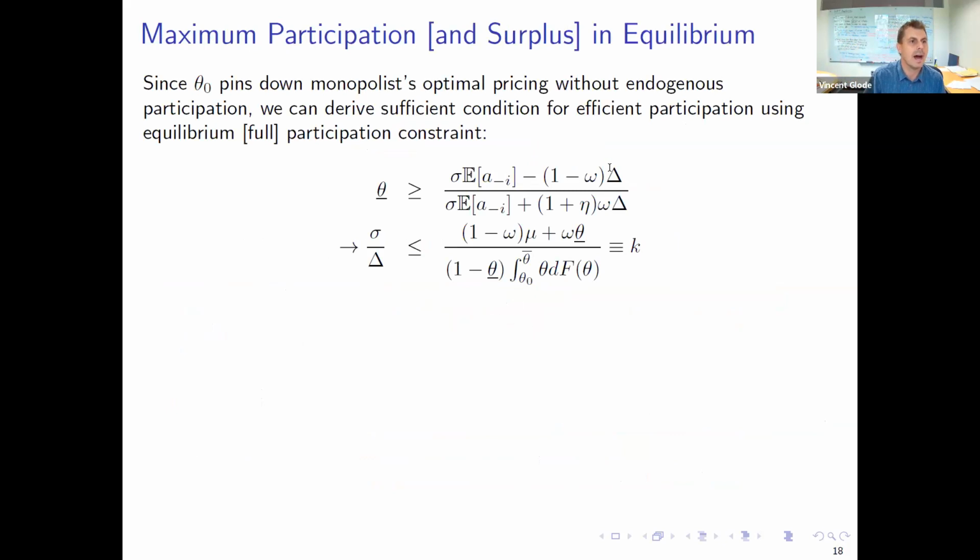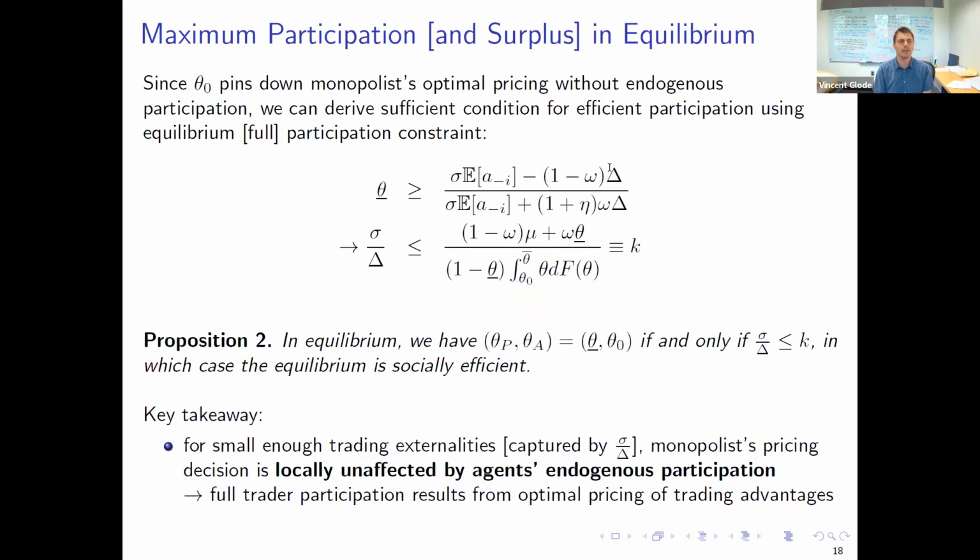Okay. Now we can have optimal or we can have maximal participation, right? Proposition 2 shows that we can have a socially efficient level of market participation whenever sigma over delta is small enough, right?